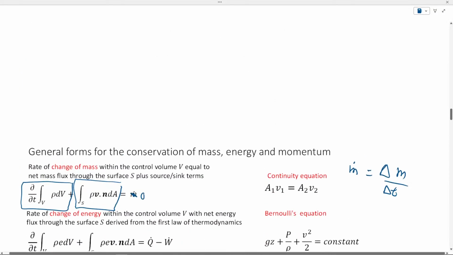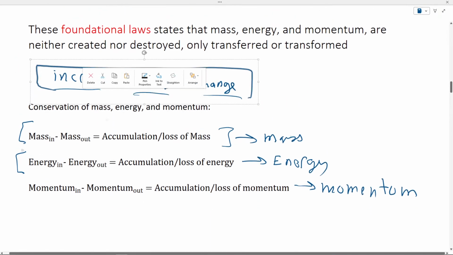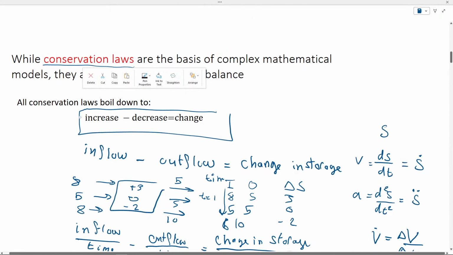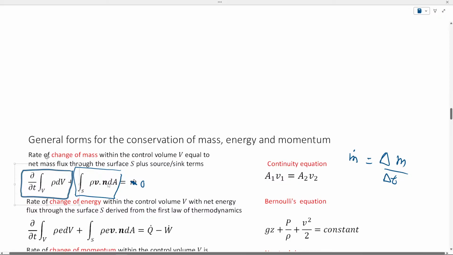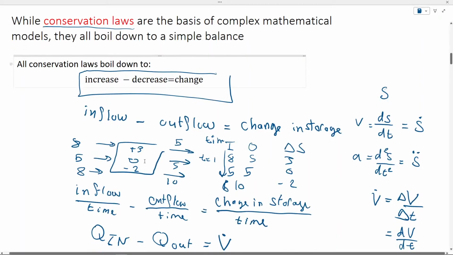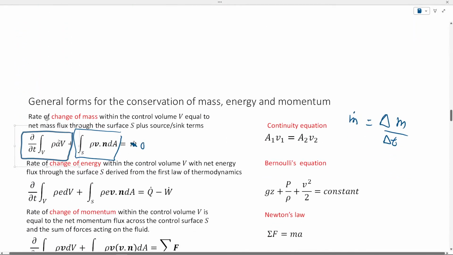This equation is the same as this equation here: increase minus decrease. That would be my surface integral, which is equal to the change in storage, this guy here, plus any sources or sinks, so I can keep it in the general form.